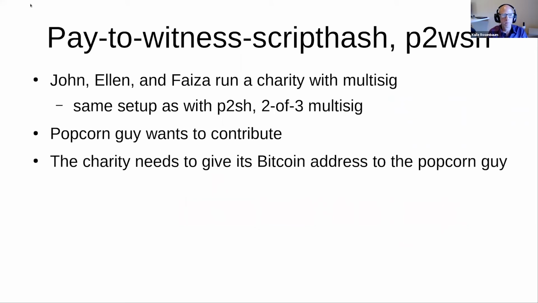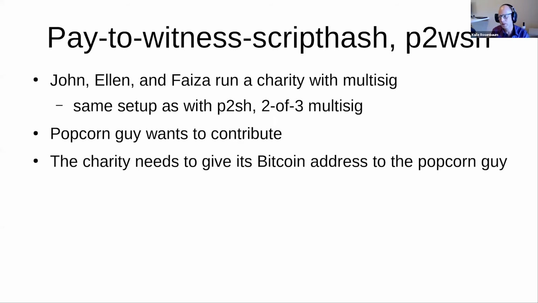Okay. Now we have talked about pay to witness public key hash outputs. And the same way that we had pay to public key hashes, and how that was restricted to a specific script, suppose that we want to make something more fancy, as we did with pay to script hash.